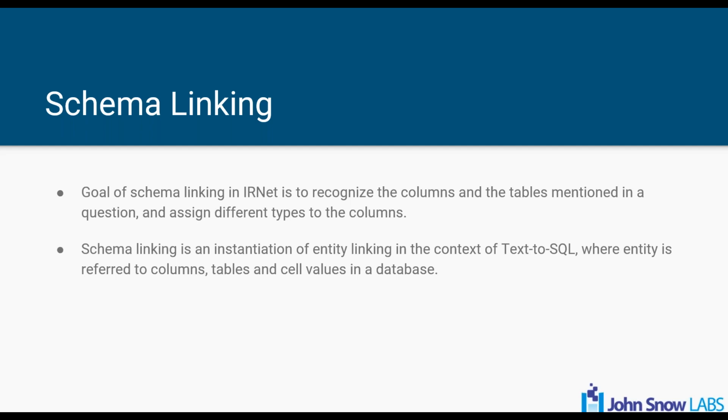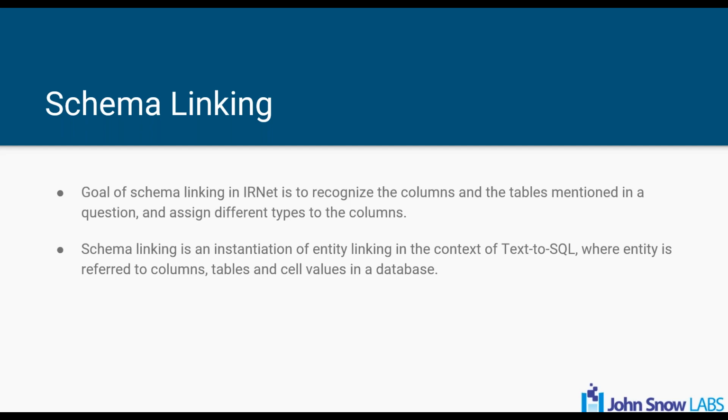Let's say we have a question, and there might be some clues about what this question refers to. In this paper they have used something like ConceptNet to match questions to columns and tables.